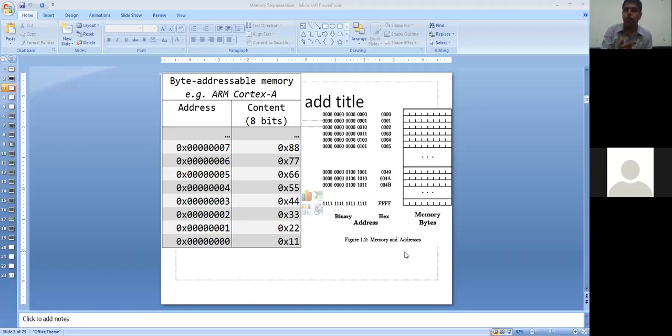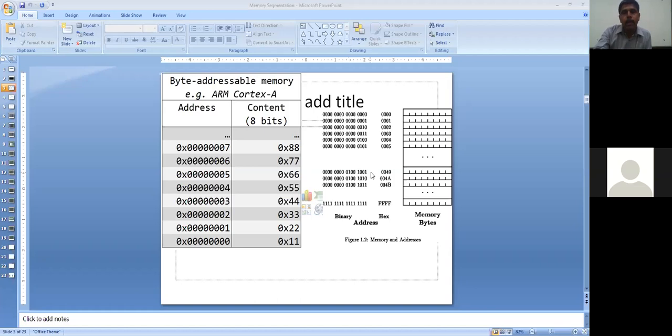For example, you can say move A, 1234H, which means you can store that 16-bit data into A. In a single clock cycle, in a single instruction, you can operate on this. This is called n-bit operation.